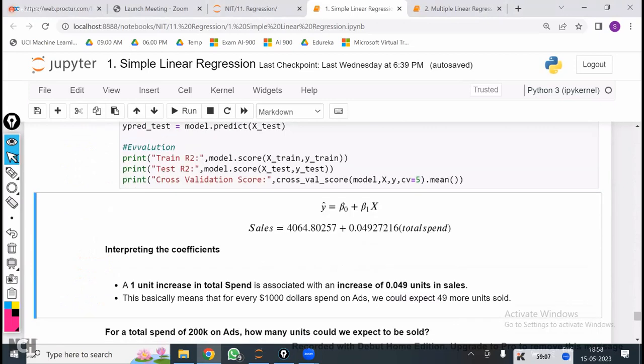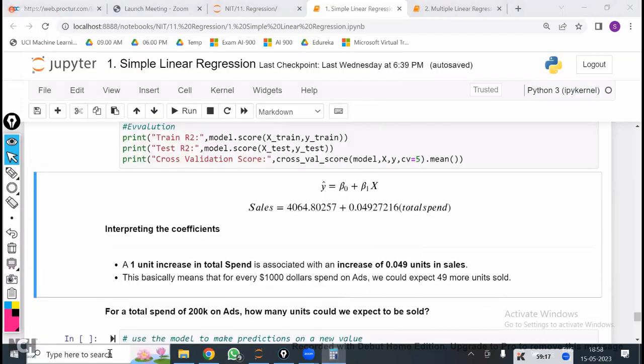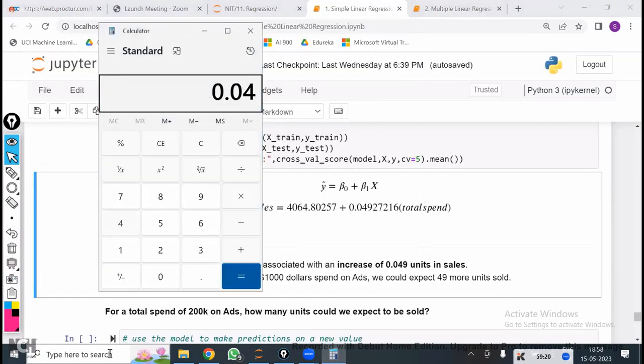After substituting, what is the answer we are going to get? 0.04927216 into $2 lakh, plus the intercept, 4,064.80257.